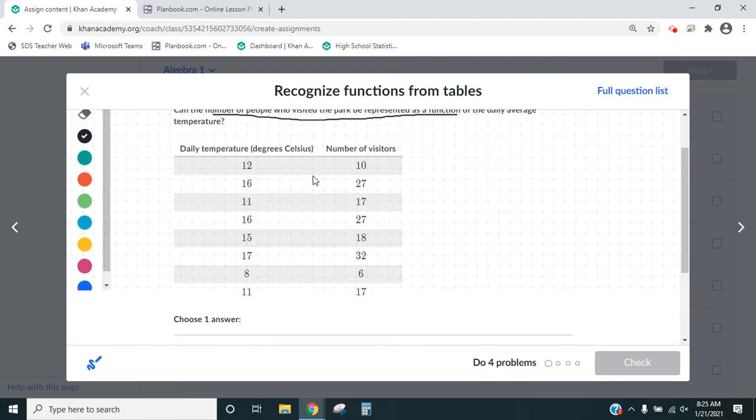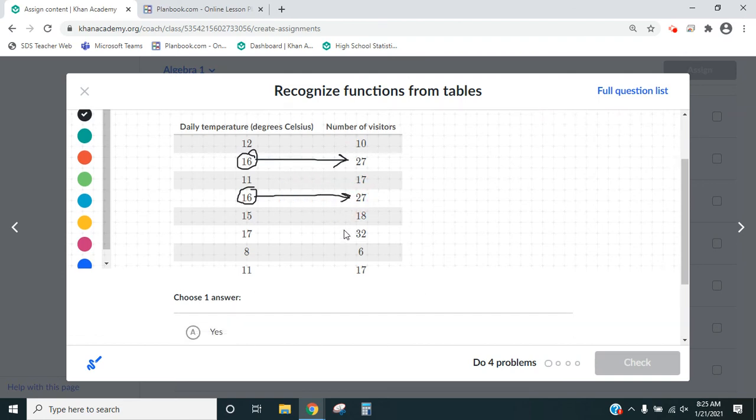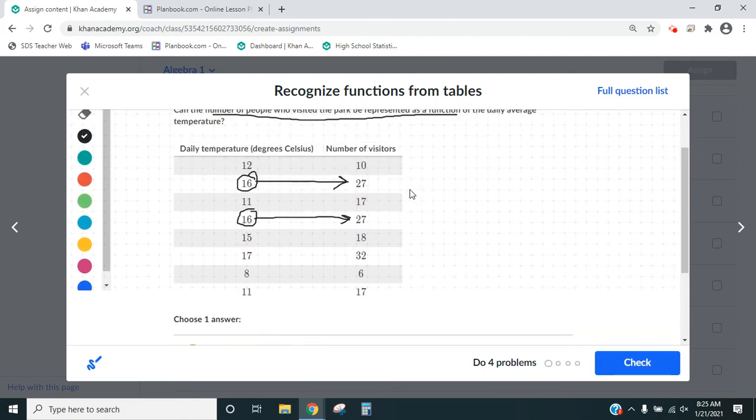In other words, what we're looking for is any repeats that are different. I see 16 on here twice, don't you? Was there a different number of visitors than 27? No. So it can be used as a function, because when we plugged in 16, just one answer came out. And that's a useful function.